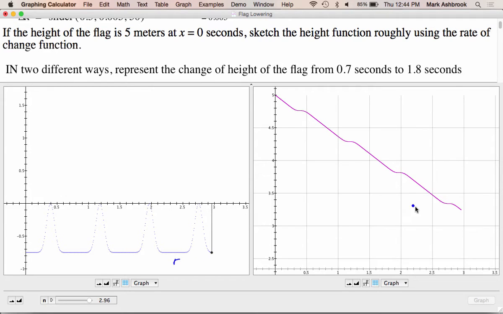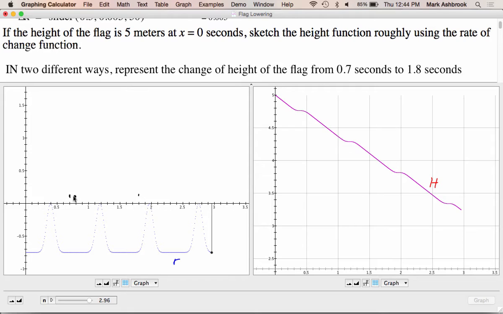And we'll call this function over here h for height. So in two different ways, we want to represent the change in height of the flag from 0.7 seconds to 1.8 seconds.